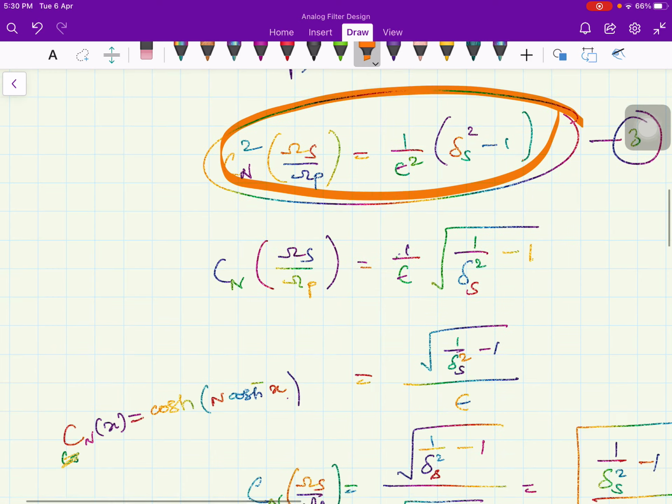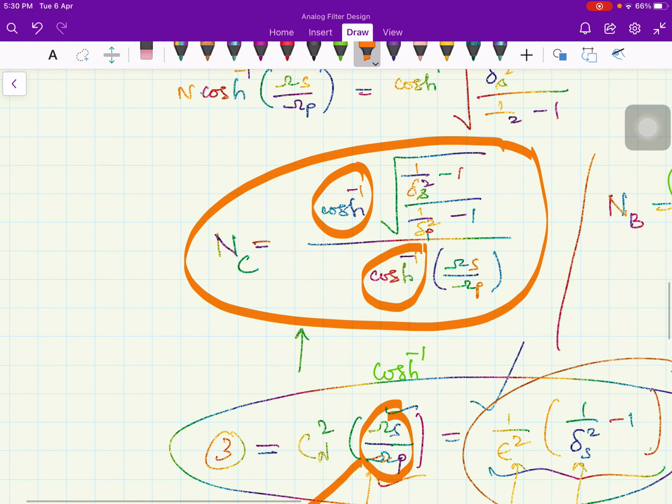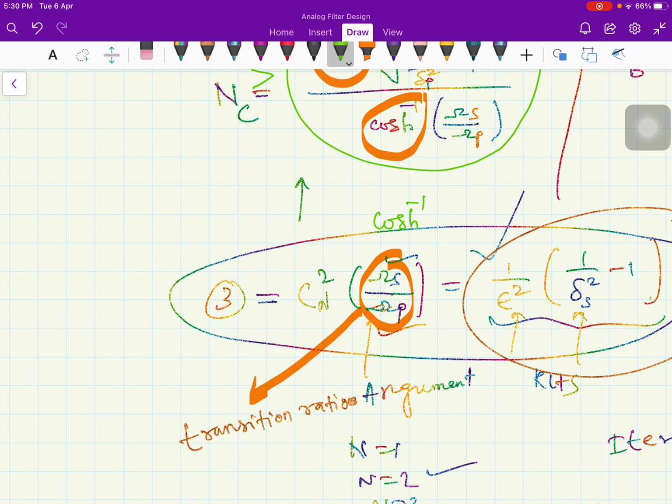And one more point I would like to mention here. The right hand side may not be an integer, so in that case you have to take greater than or equal to nc, and similarly here also you have to put greater than or equal to.